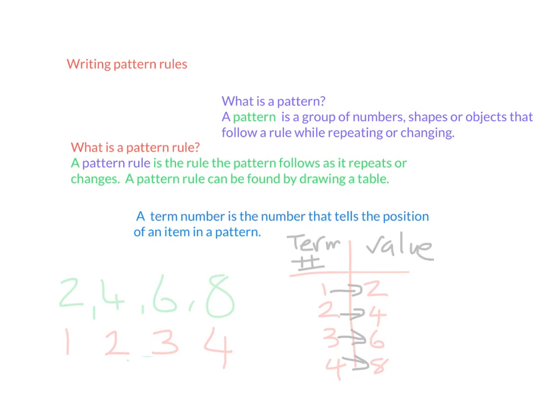So value number 4 is the second term in my pattern. Value number 8 is the fourth term in my pattern. This is going to be important to you when we get to writing an expression using this chart. So this is an introduction into what is a pattern, and we're going to move on from here.